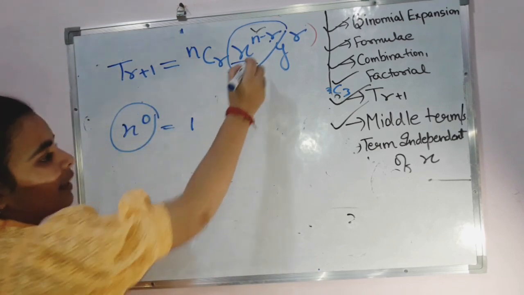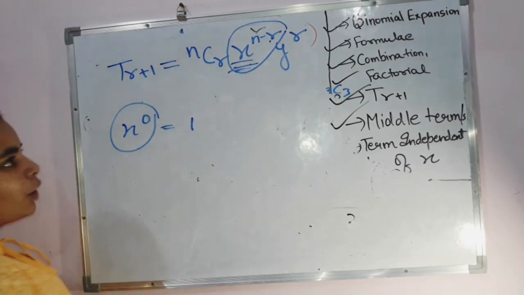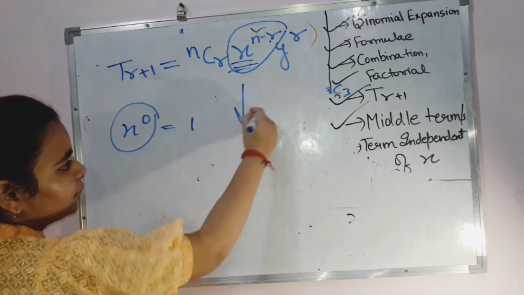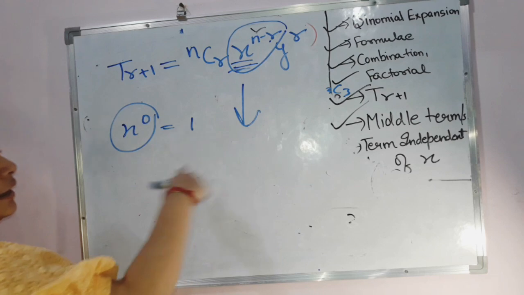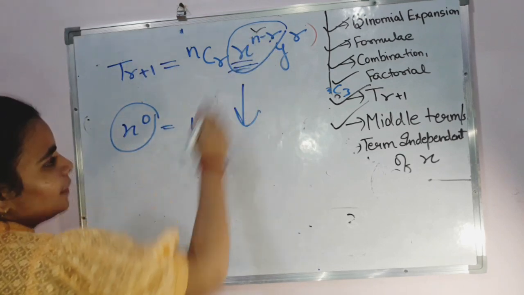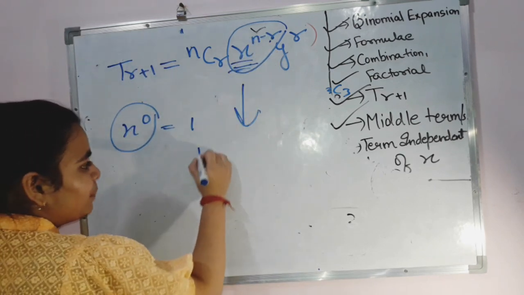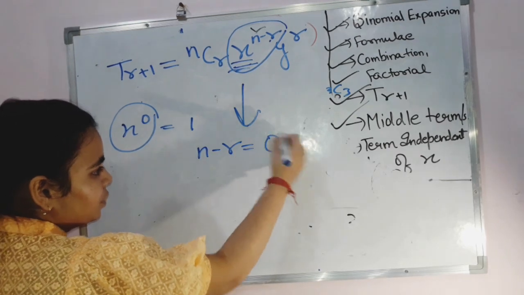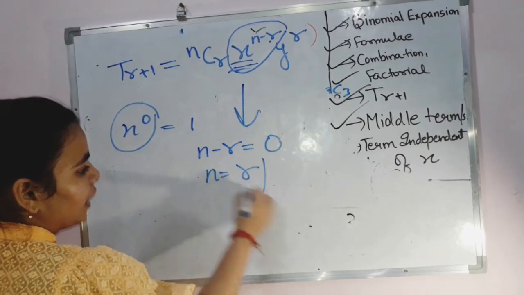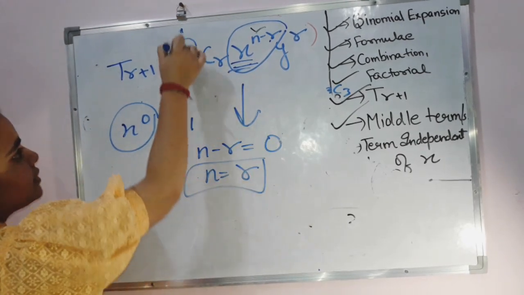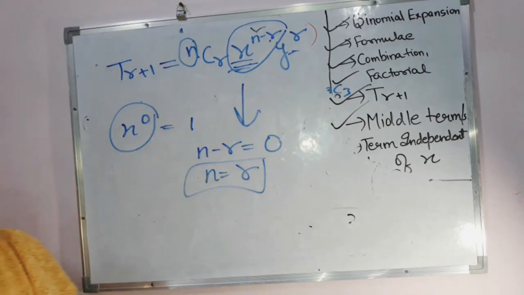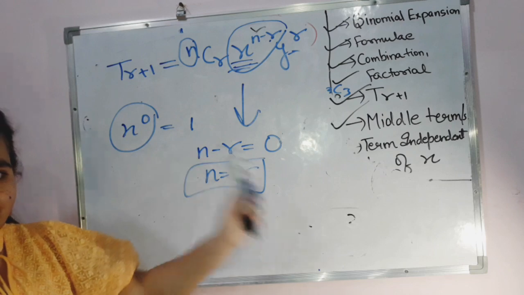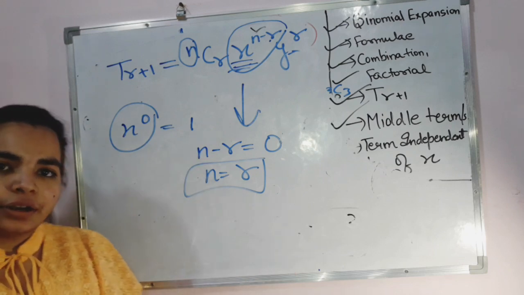So x is not there in that term, right? So whatever value of the power of x we get after the reduction, like suppose here we are having n minus r, we'll put n minus r equal to 0. Then you get n is equal to r. Then simply putting that value of r, you can solve with the values that were given to you, and you can simply get your answer.